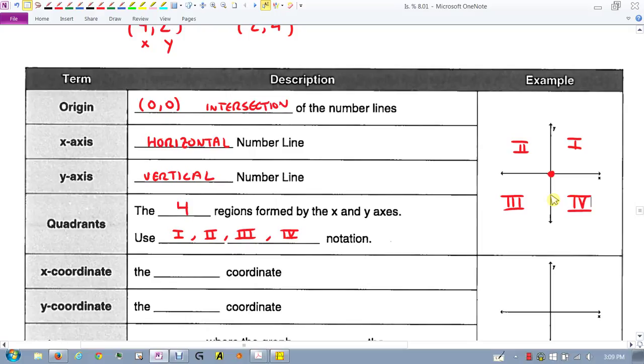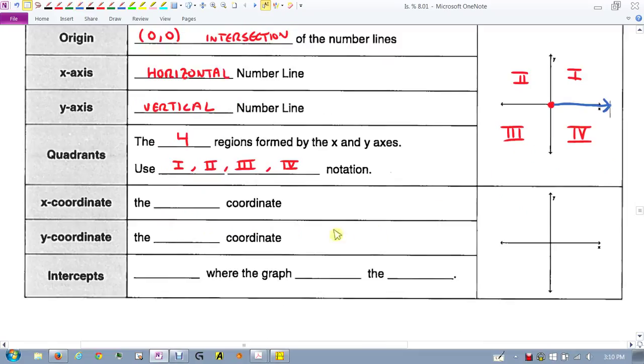No. There's a reason why, and if you ever took pre-cal, you would realize that when we measure angles, we always measure out the x-axis as being angle 0. And then as the angle opens, we open the angle counterclockwise, so the angle gets bigger. So you would want to naturally start in quadrant 1 and then go to quadrant 2 and then quadrant 3 and then back around to 4. That's why.